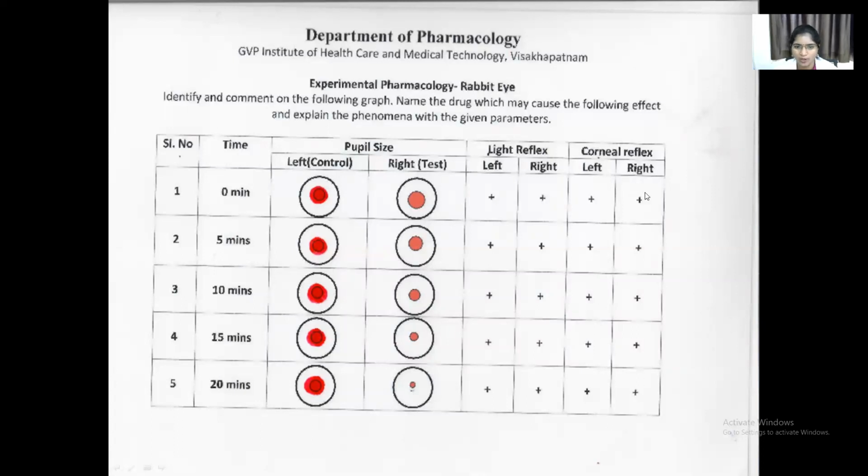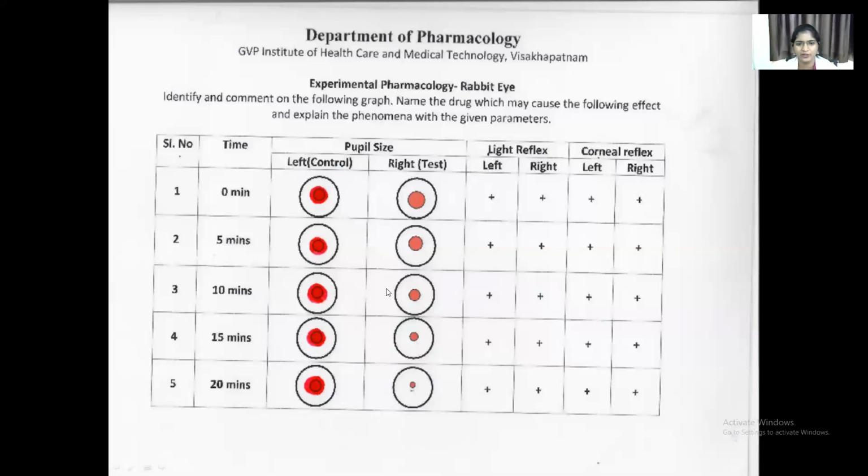And you have to explain about all this. So here you can see at 0 minute, left eye as a control and right eye as a test eye. At 0 minute, we instill only normal saline, so pupil size will not change. Light reflex is also present. And after the instillation of the drug, after 5 minutes, you can see little change.